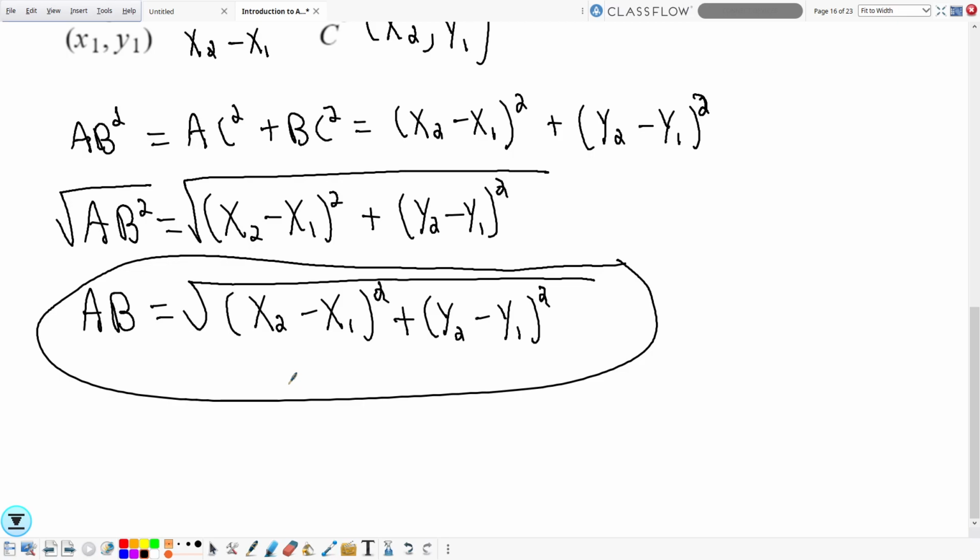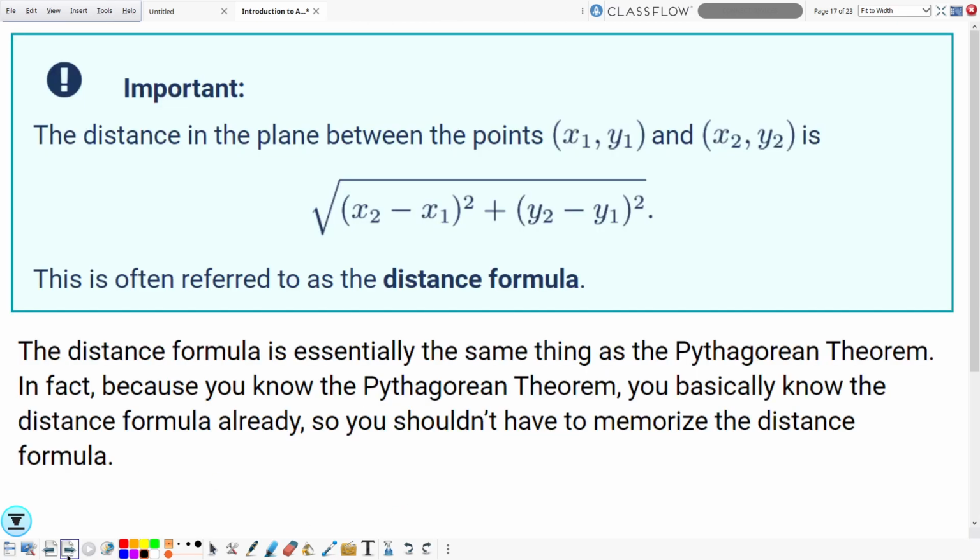And it's really all it is, the Pythagorean theorem. It's just the Pythagorean theorem. But by writing it out like this, it gives us a very quick way to calculate distances if we just know the points. So this formula we just discovered is called the distance formula because it calculates distance.